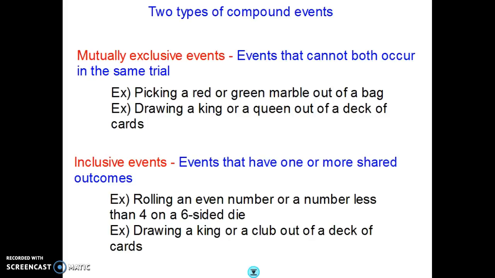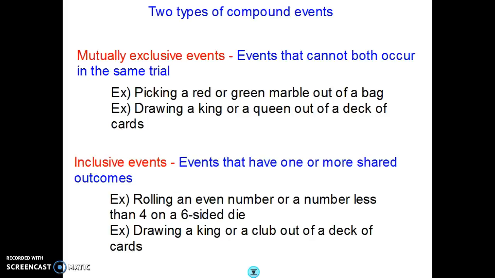With inclusive events, it's a little bit different because these are events where there are shared outcomes, as in there's a little bit of overlap between the outcomes. So for example, rolling an even number or a number less than 4 is an inclusive event. Because if you think about the even numbers, that's 2, 4, and 6, and then numbers less than 4, it'd be 1, 2, and 3, so there's some overlap there.